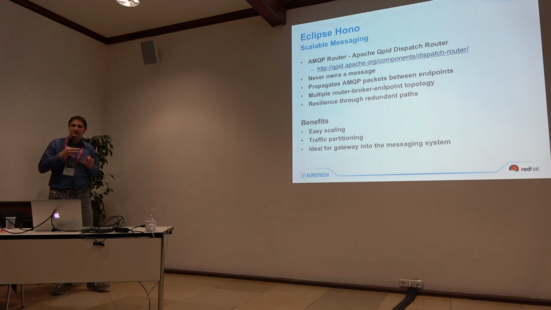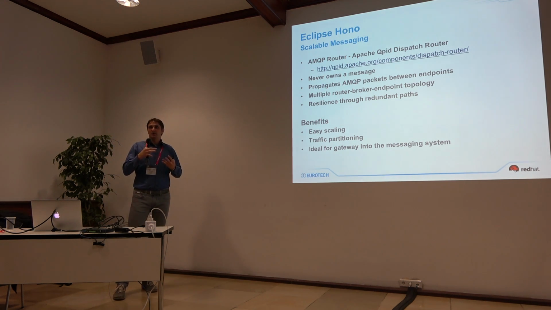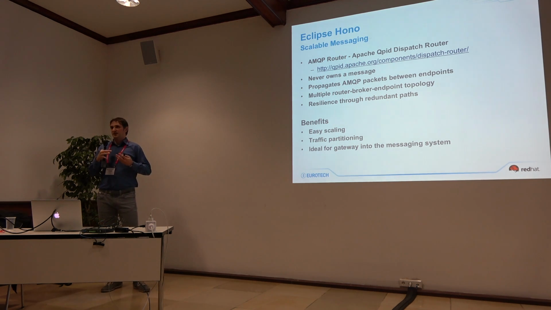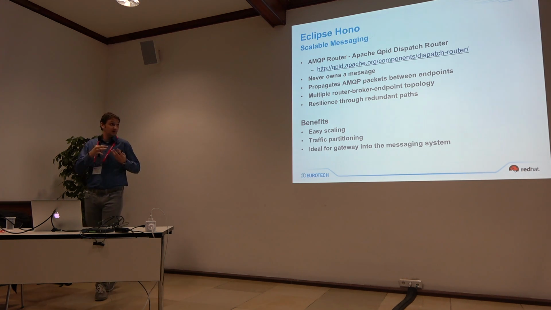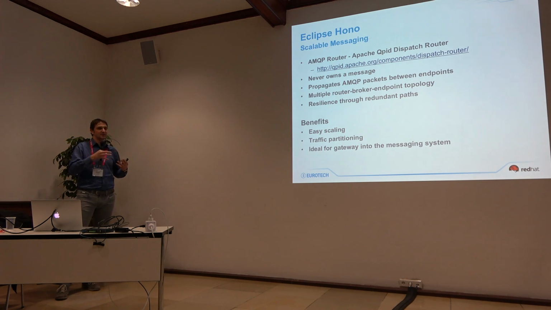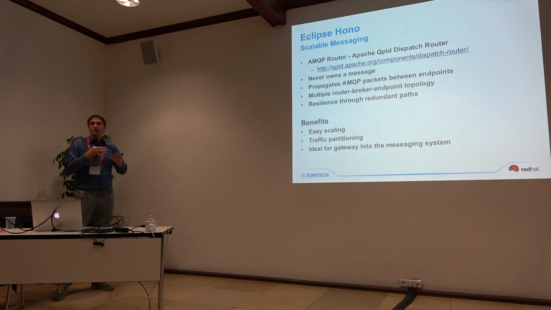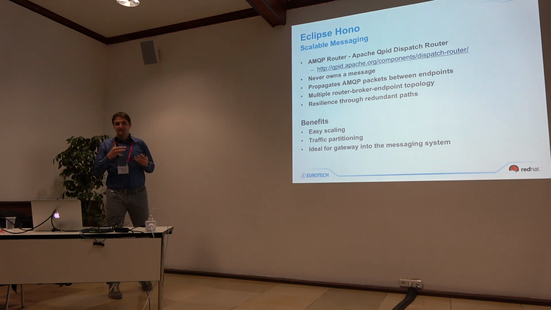So it's a big difference, because a message broker needs to own the message. It's a store and forward kind of communication, right? So the broker stores the message, confirms to the producer, then forwards the message to the consumer, meaning that the broker needs to have a lot of state in itself.